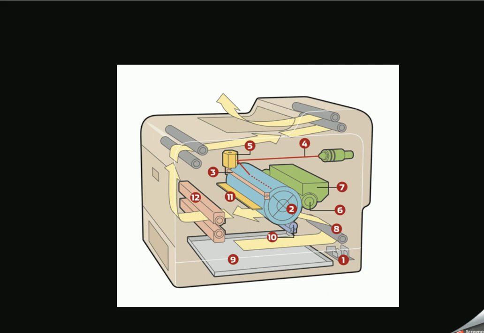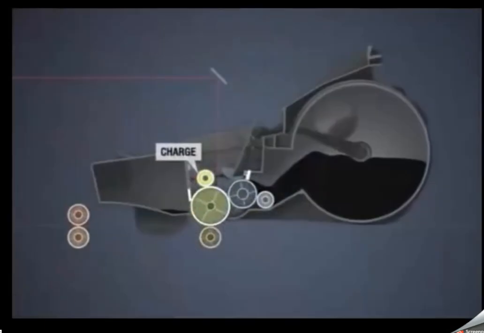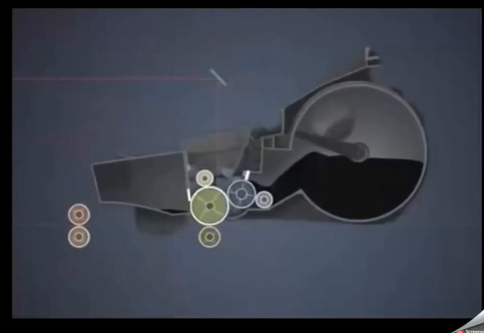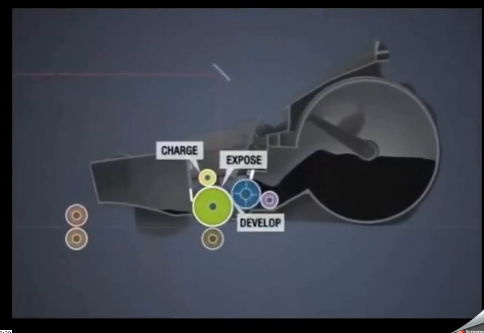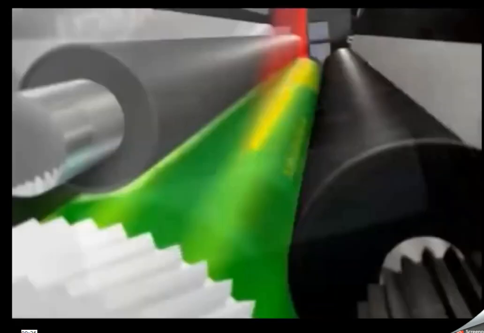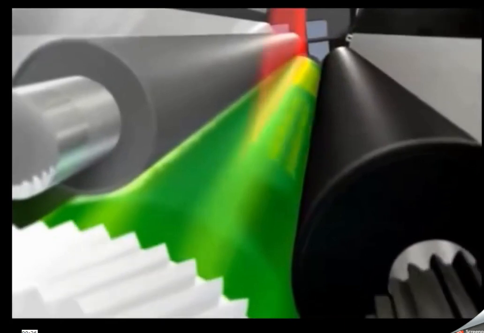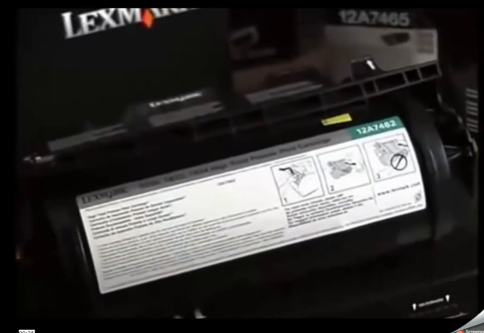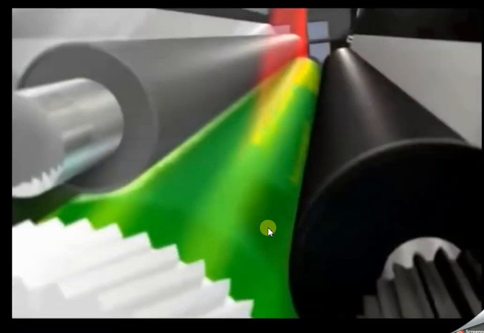So let's have a look at it in action. You've got the printer, you've got the charge. This green is the drum, and this drum will be rotating around.